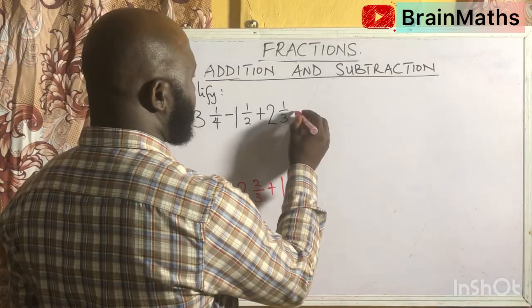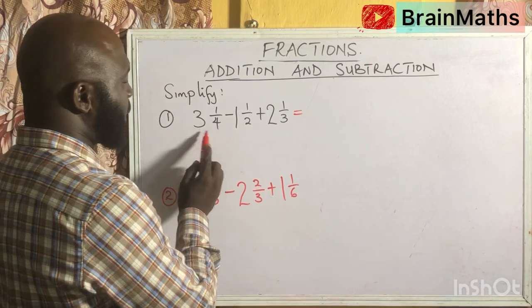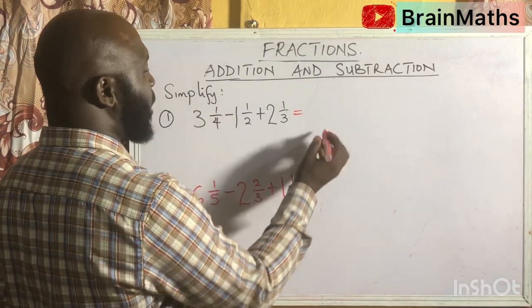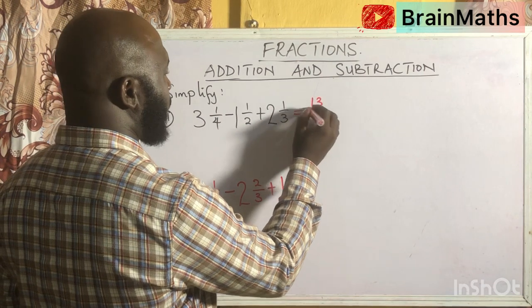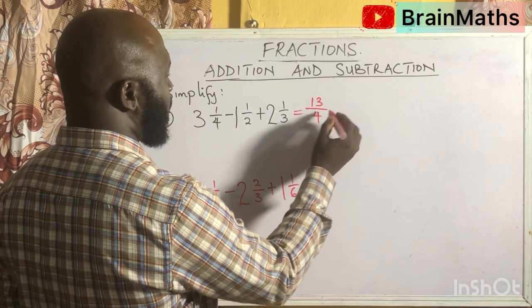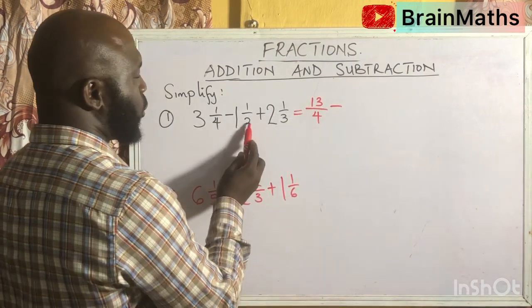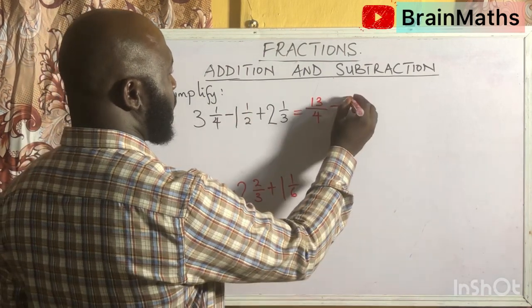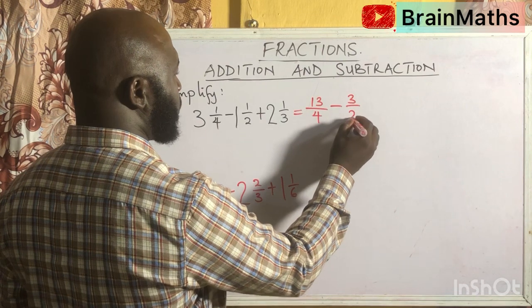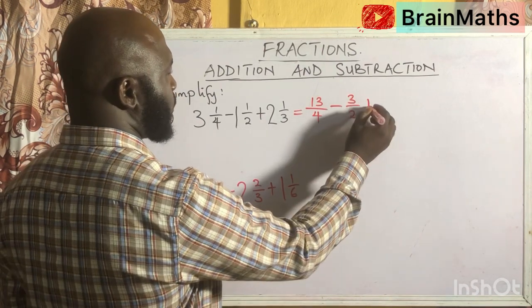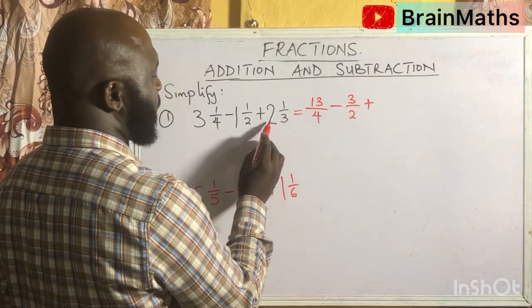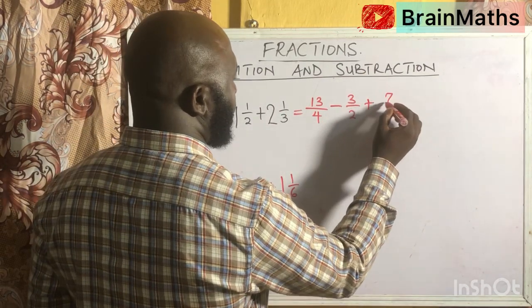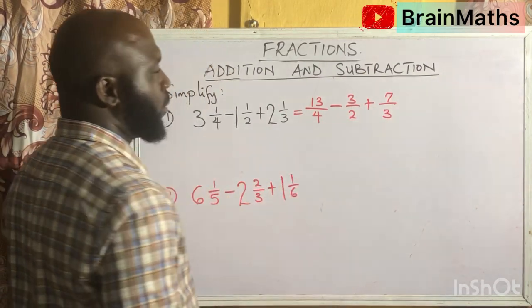So 3 times 4 will give us 12. 12 plus 1, we have 13 over 4 minus 2 times 1, 2, plus 1, 3 over 2 plus 3 times 2, 6, plus 1, 7 over 3.